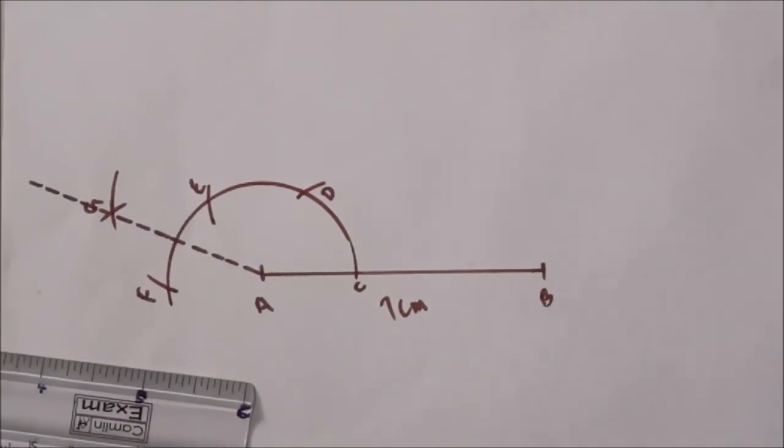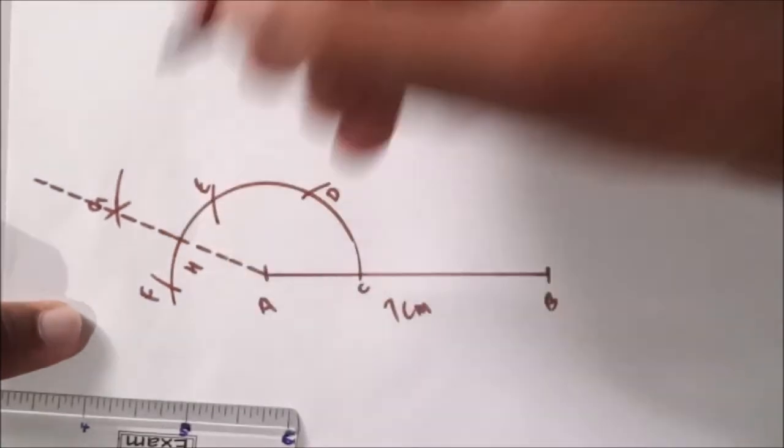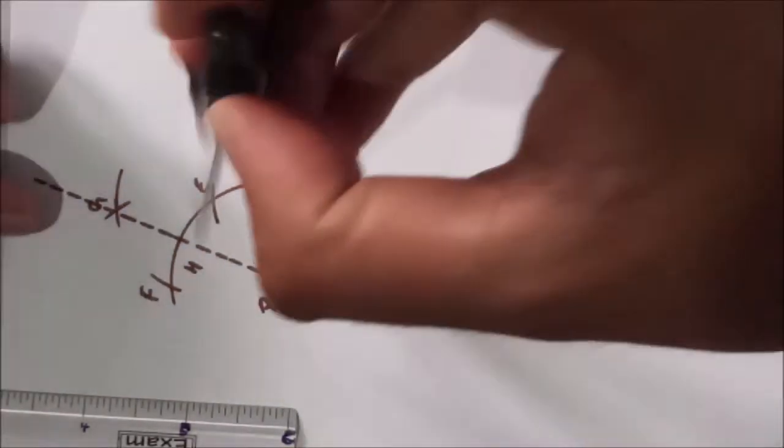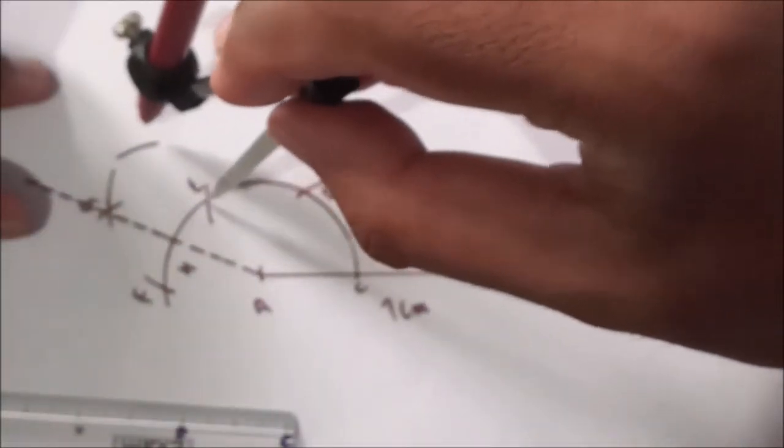Now I'll mark this point as H. Now from H I'll mark one arc, and from this point E I'll draw an arc.